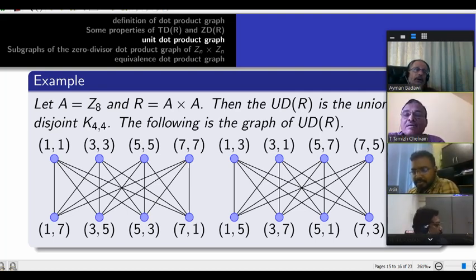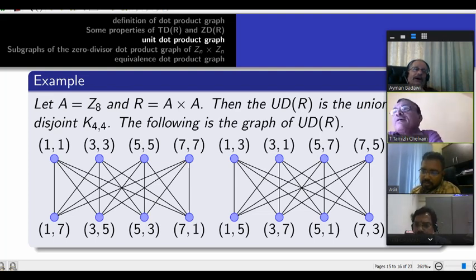Ayman, one thing. Have you ever considered A1 times A2 instead of A times A? You mean different rings? Yeah, different components. Well, the Asir question ultimately leads to that generalization, but here we have a problem with the definition, because when you add, remember the dot product, you are adding. Unless you take A2 to be a subring, with the same addition.